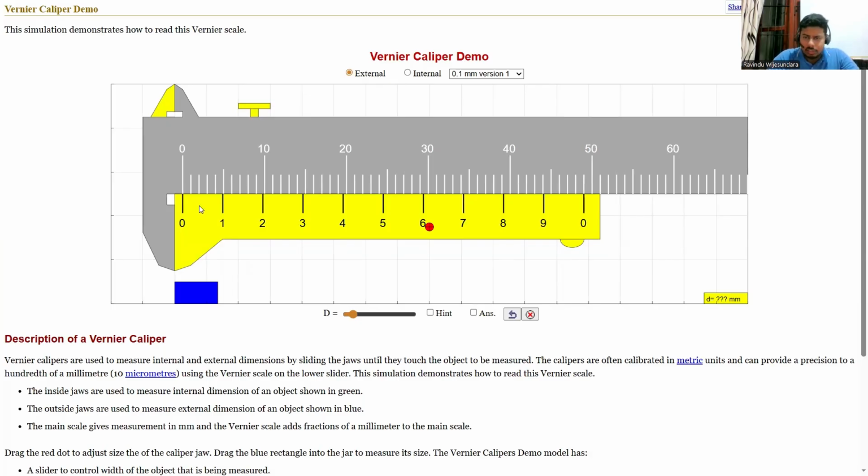First calculate the least count of this one. If you calculate the least count correctly, check whether your answer is correct or not.